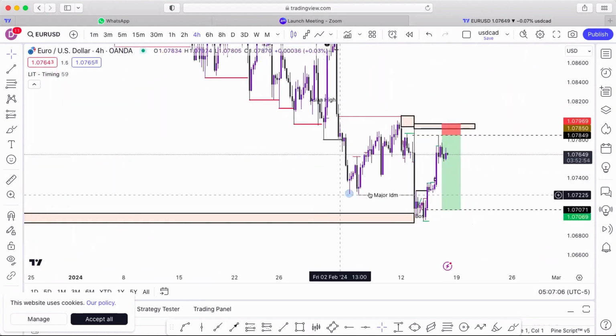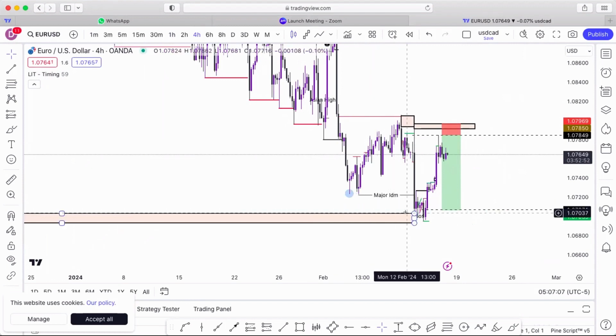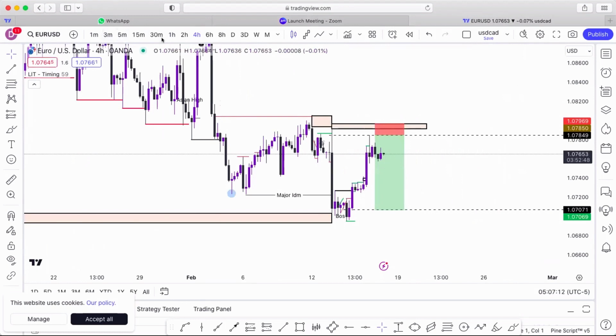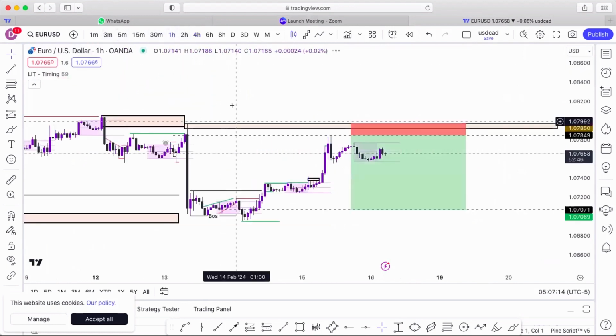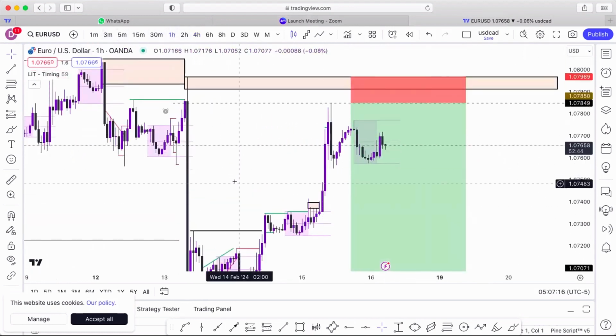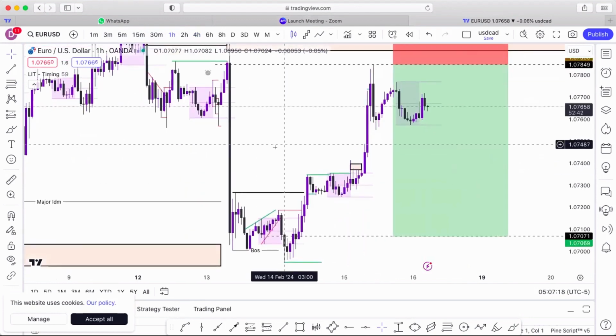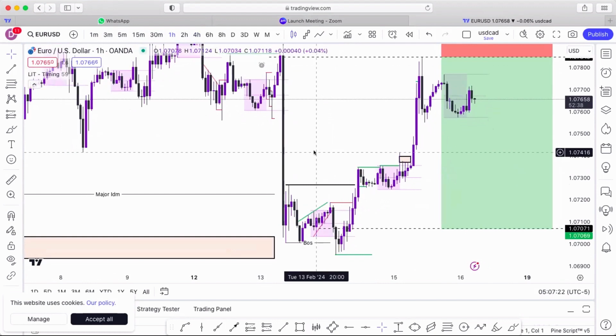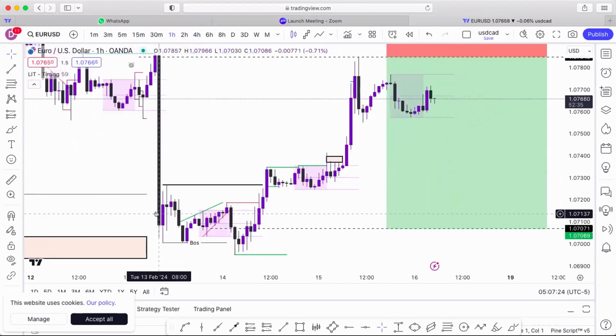This was the liquidity. It took it, and then it came to the OB, and then I went down to the low time frame. Oh, this is yesterday. Okay. Two days ago. Okay, let's see. I was watching this price action.